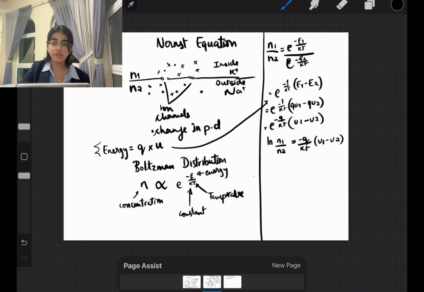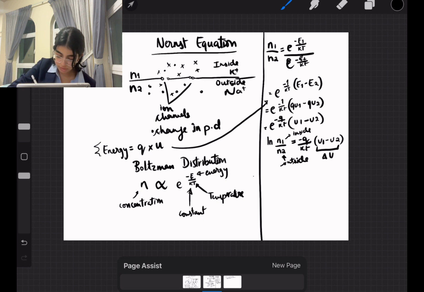And we are interested in the difference in the potential, so this can be represented as delta U. And n1 is the concentration inside of the cell, whereas n2 is the concentration outside of the cell. So the ratio of the concentrations and the voltage difference inside and outside the cell is described by the equation called the Nernst equation.